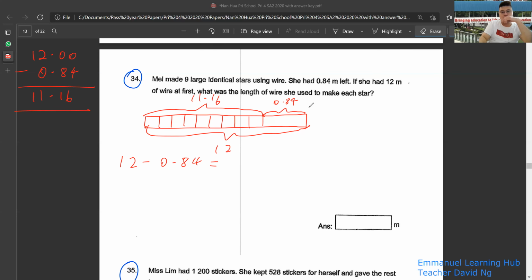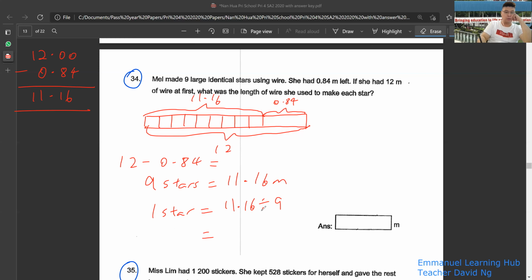So what is the length of wire she used to make each star? So one star would be 11.16 divided by 9. Yes.